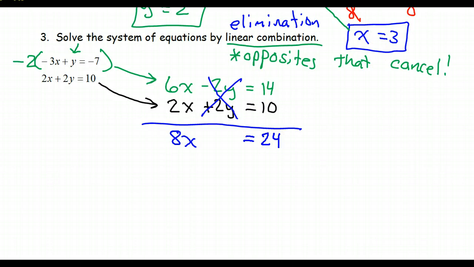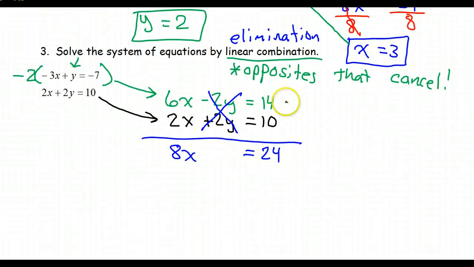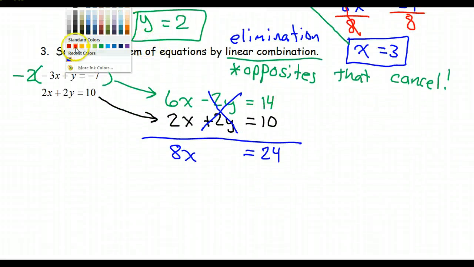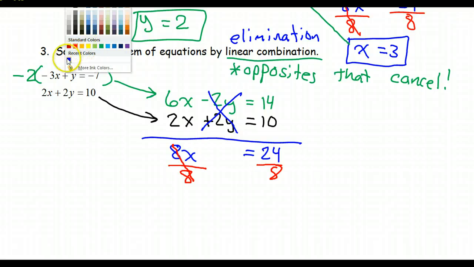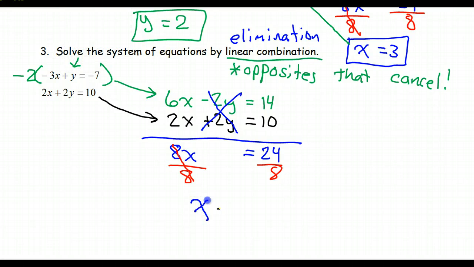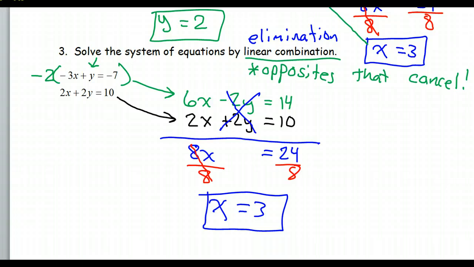You can see how it mirrors what happened in the substitution method. And when I divide both sides by 8, for a third time, I get x equals 3, which we knew would happen unless we made a mistake.